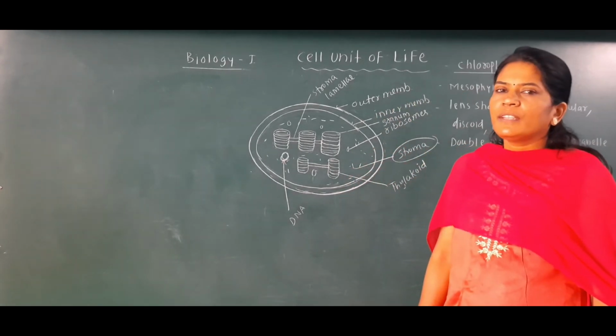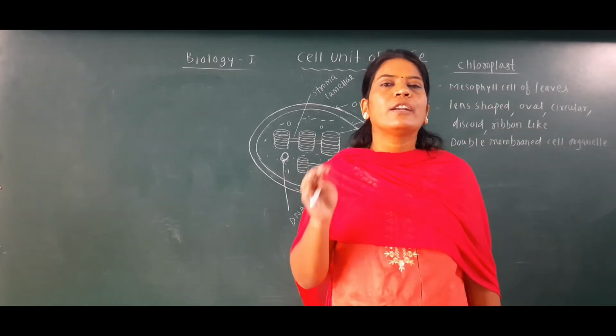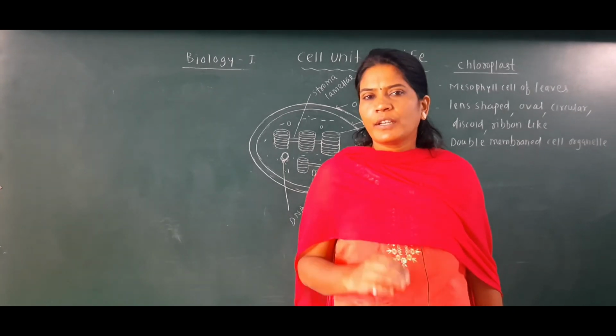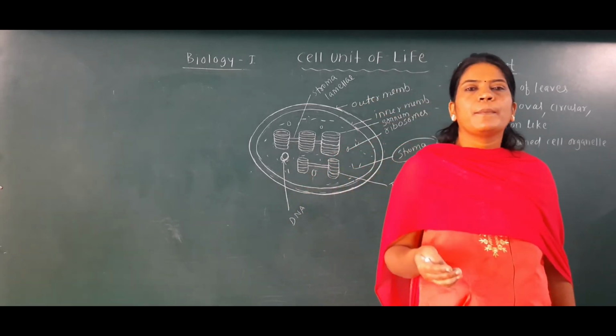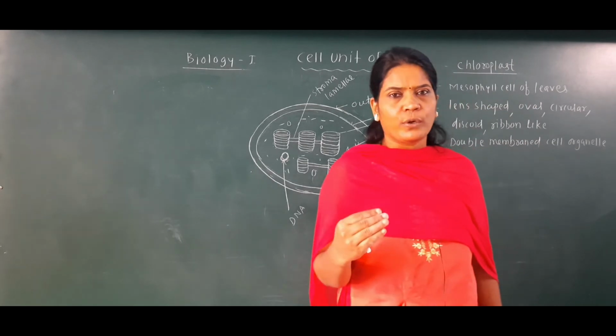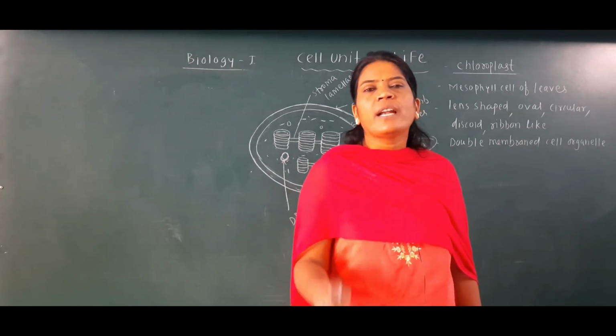Okay, we have seen that the plasma membrane is semi-permeable because it allows only selective molecules to come in or go outside through it. But here another thing is freely permeable and less permeable. Freely permeable means any molecule can come in or go out through that particular membrane.